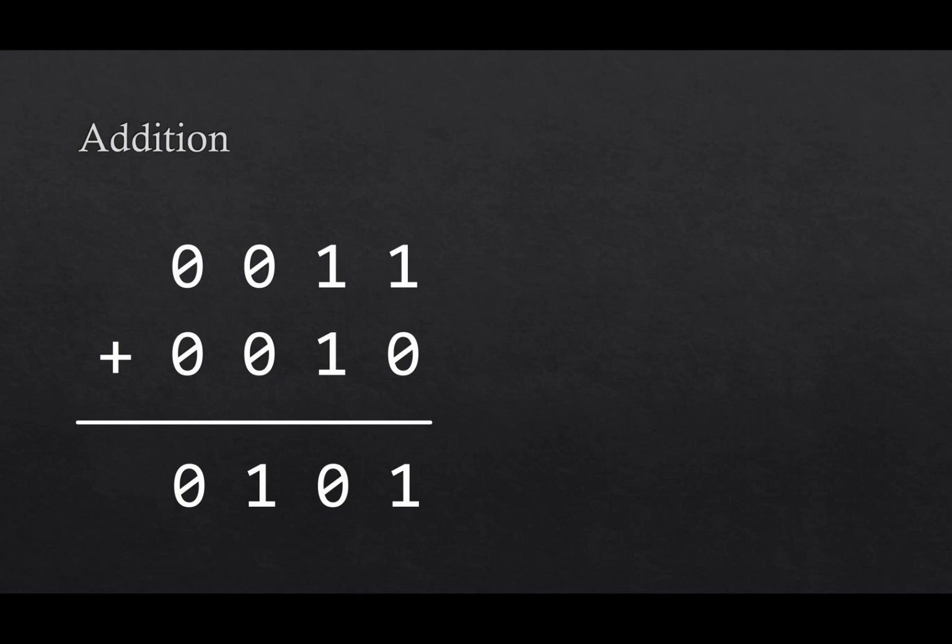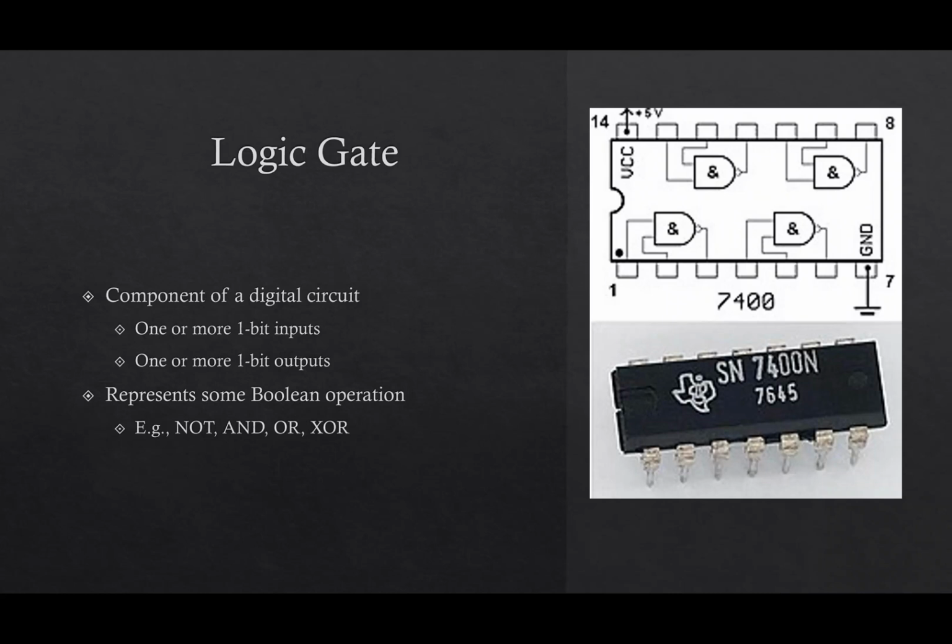So computers are not very good at understanding numbers or understanding what addition means, but they're very good at manipulating these symbols, manipulating bits. And they do it through something called logic gates. A logic gate is a component of a digital circuit. It's actually a physical part of a circuit on a chip that takes some inputs.